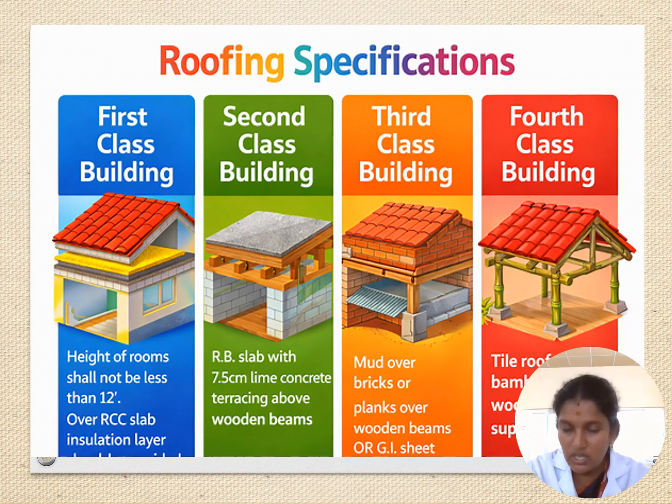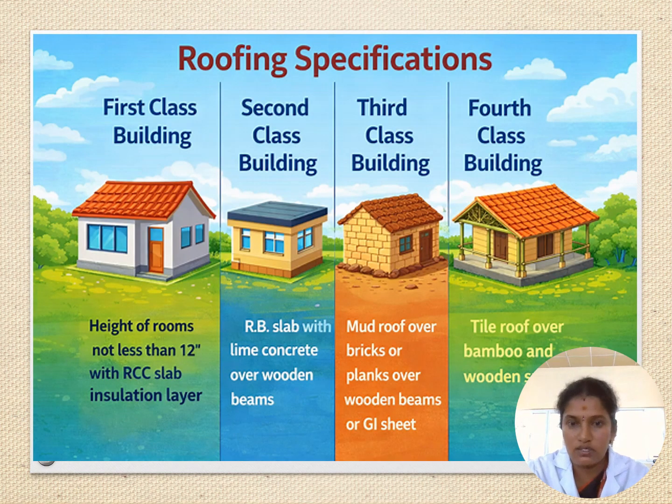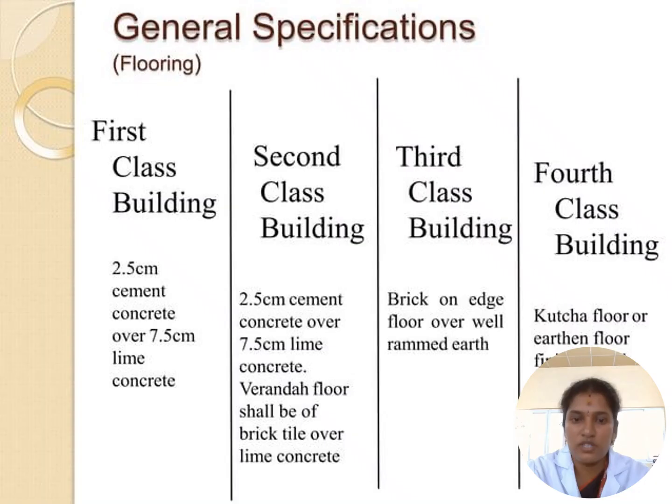It is a wooden structure. Above this, they are lining the bricks, the tiles. The fourth class building is totally changed. It is above a wooden or bamboo structure. Above the structure, tile roofing is made. So these are the varying classifications of each and every class. This is another image explaining the roofing specifications.